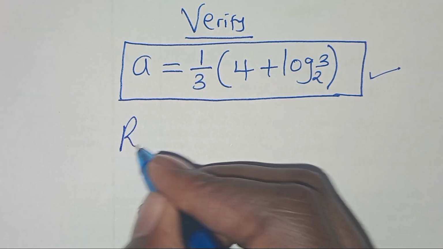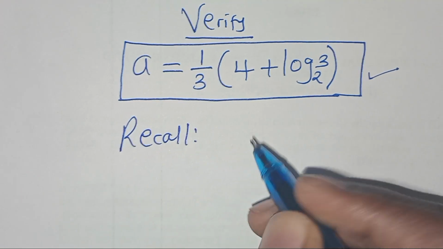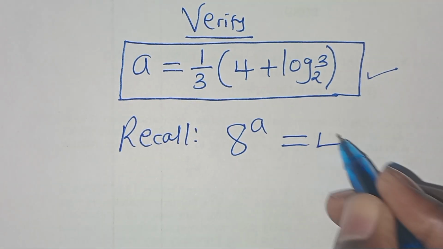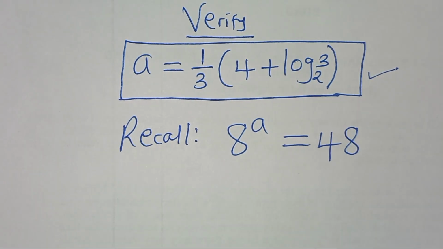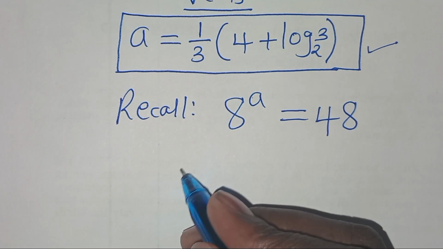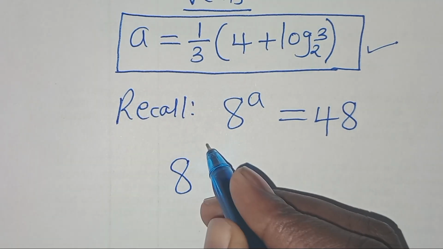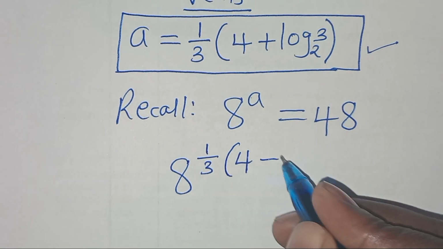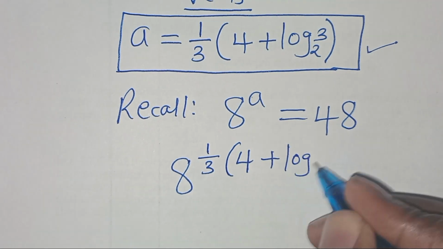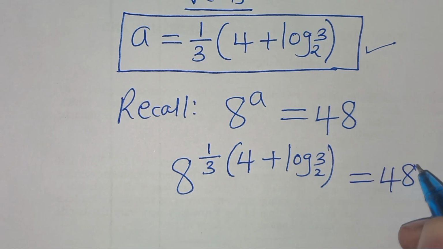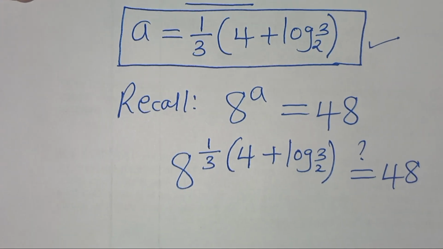If you recall, we have that 8 to the power a is supposed to give us a value of 48. Let's substitute the value of a so that we have 8 to the power 1 over 3 into the parentheses 4 plus log 3 to base 2. This should give us a value of 48.